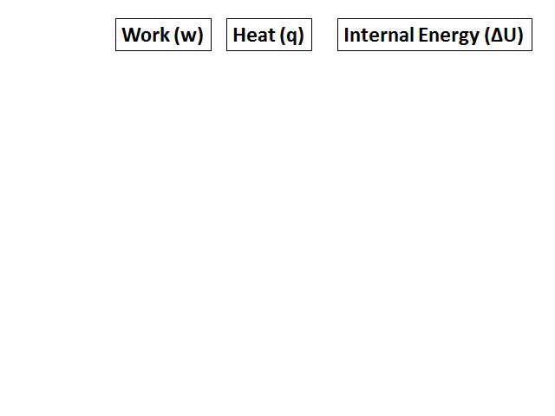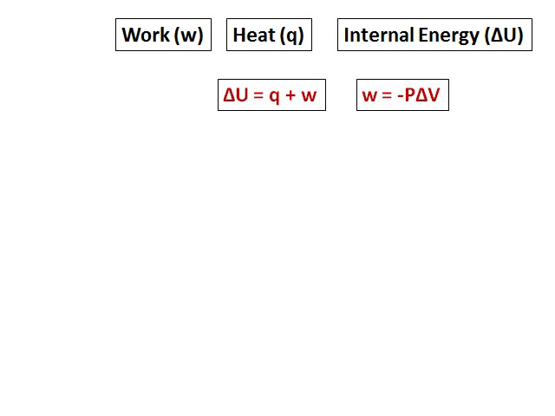Some of the things you have to learn about work, heat, and internal energy. These three are connected by the equation delta U equals Q plus W, where U is the internal energy, Q is the heat, and W is the work done. And the formula for work done is W equals minus P delta V. P is the pressure, delta V is the change in volume.